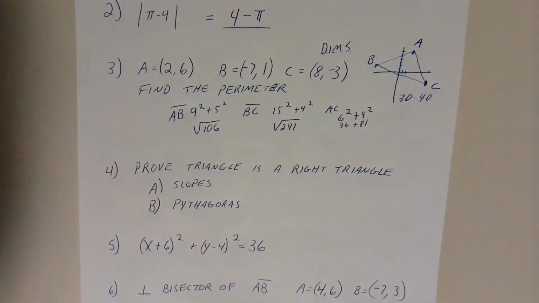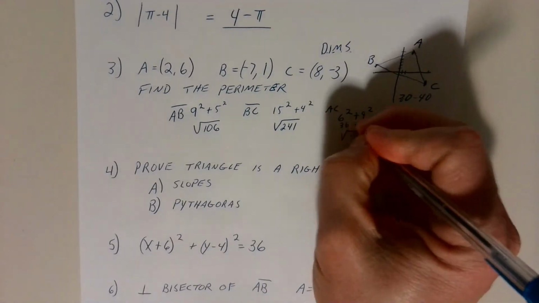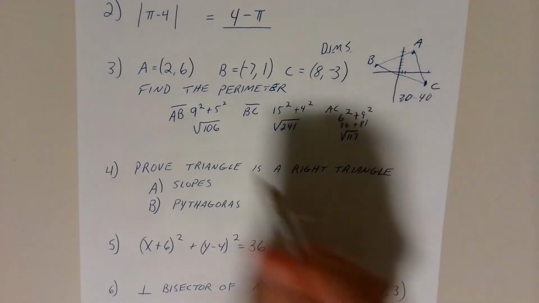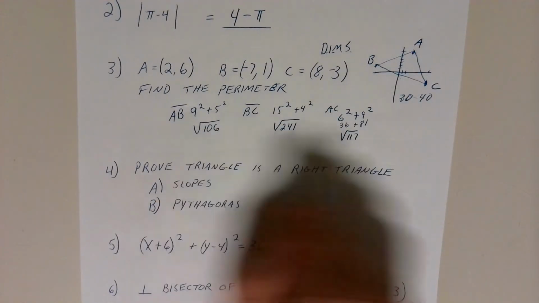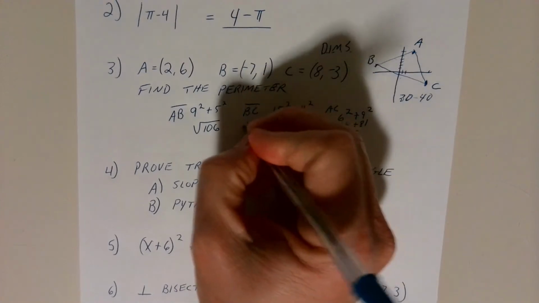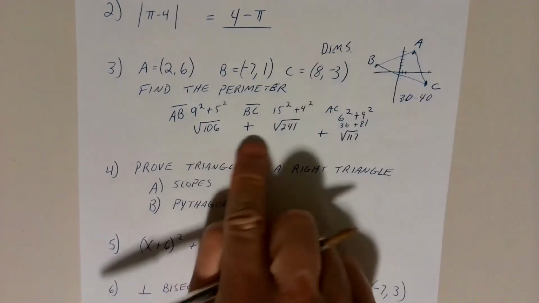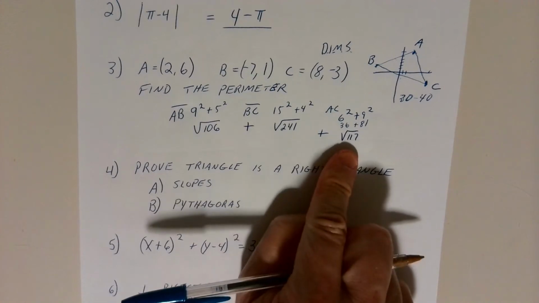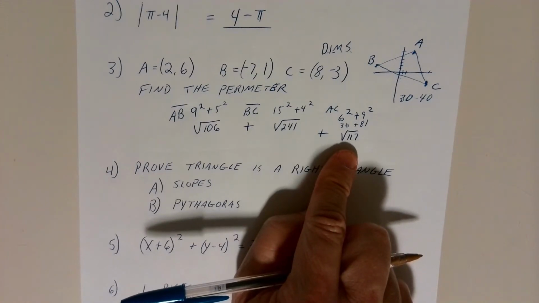I could take all of these ones if I wanted to and leave them in radical form, or I could put them together. So as a whole, without losing anything, I would do square root of 106 plus square root of 241 plus square root of 117, and that would be complete as it was.